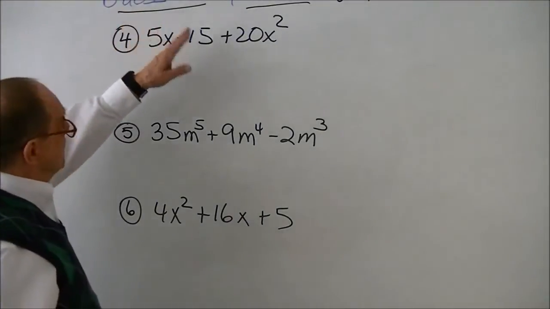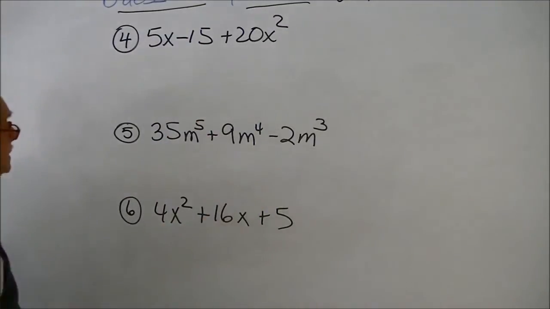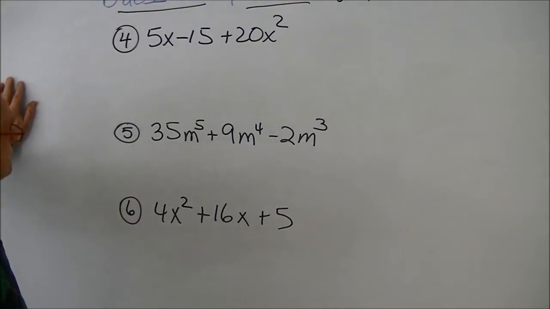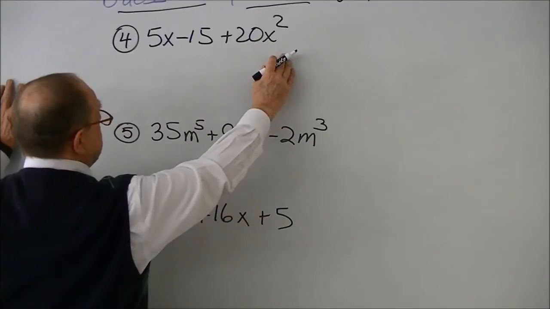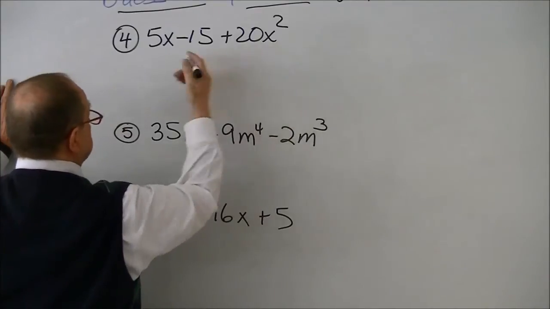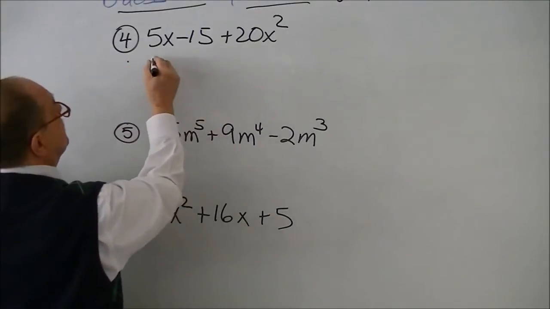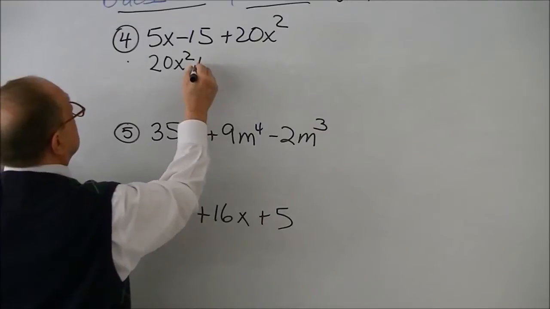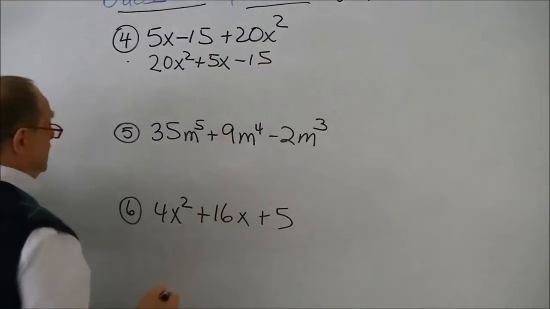Now we still have the guess and check up on top, but we're kind of focusing on this. As you look at example 4, is it in standard form? No. So I'm going to factor out a 5. Well, I'll put it in standard form first. 20x squared plus 5x minus 15.